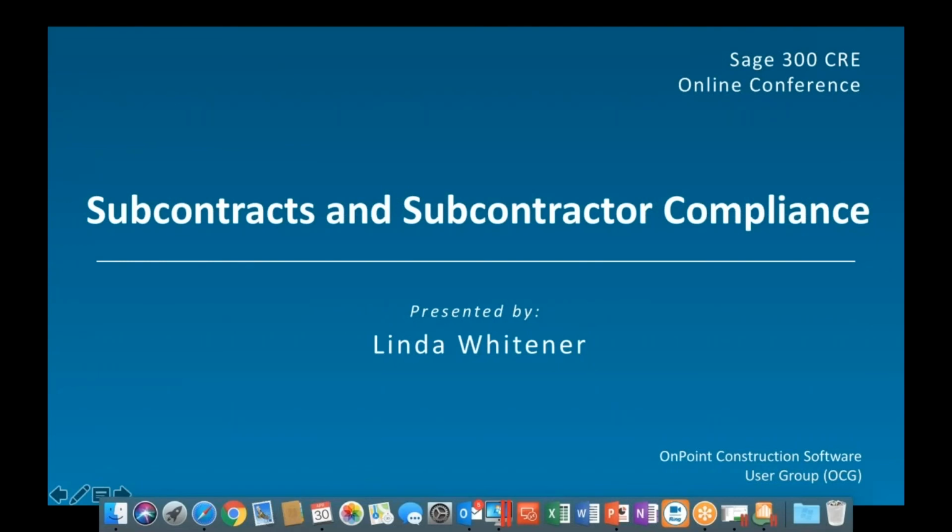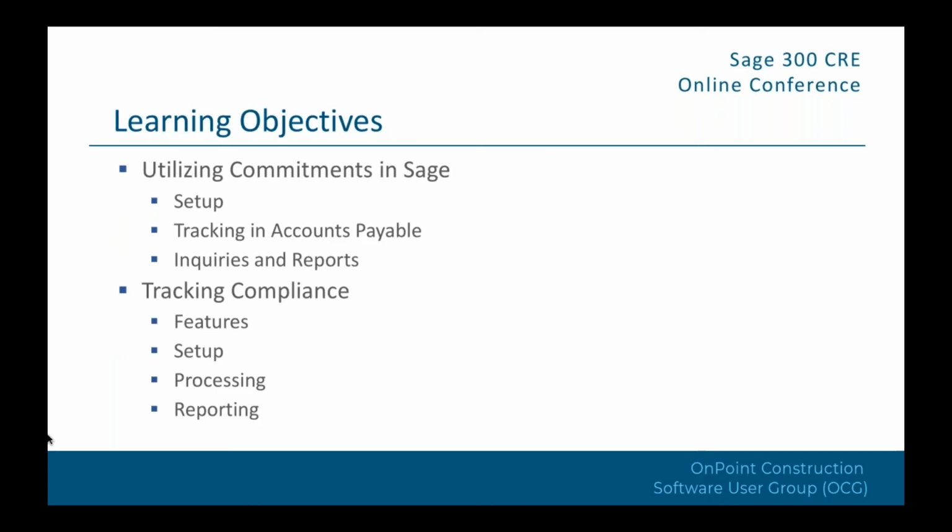Good afternoon, everybody. And I believe now I'm showing my screen. So we're going to go over the subcontracts and subcontractor compliance. The learning objectives of this session are utilizing commitments in Sage.